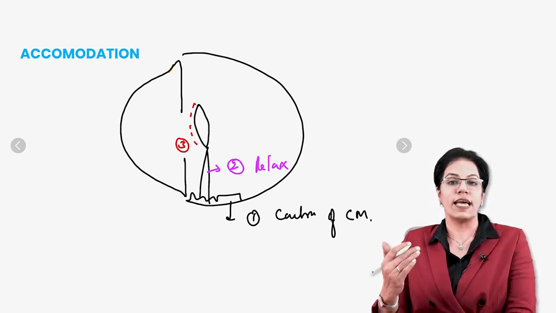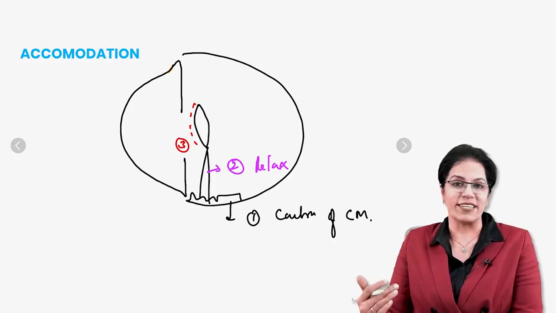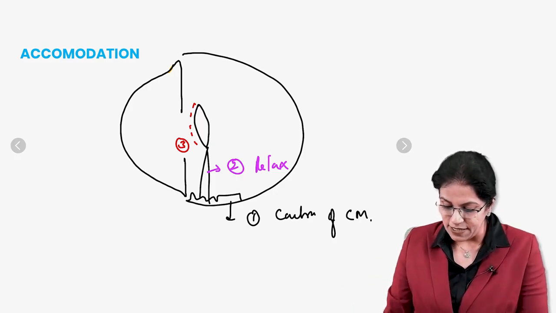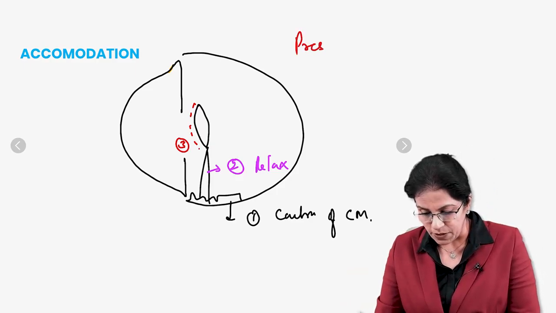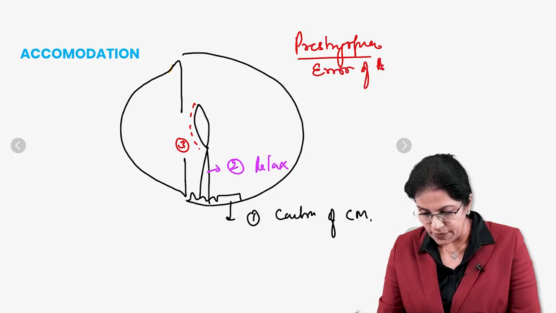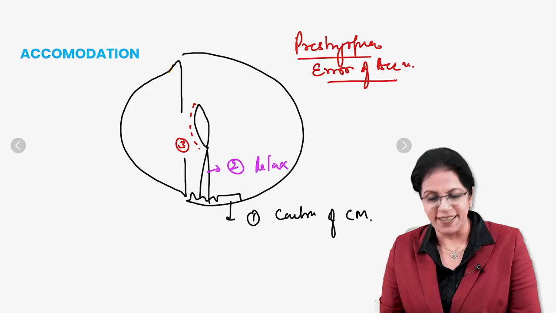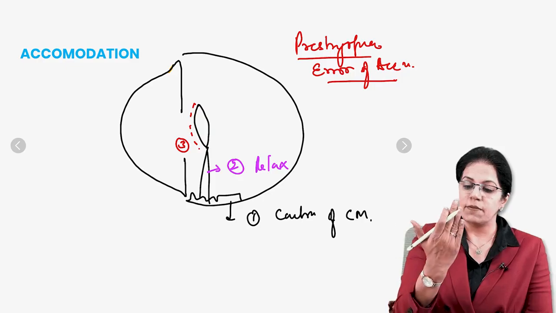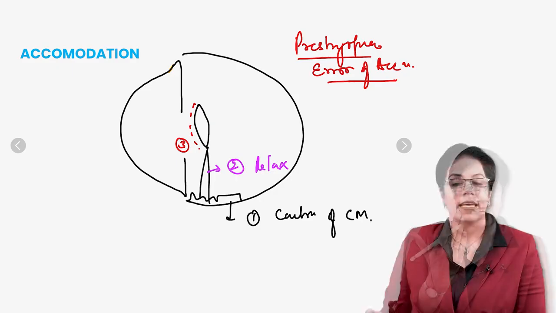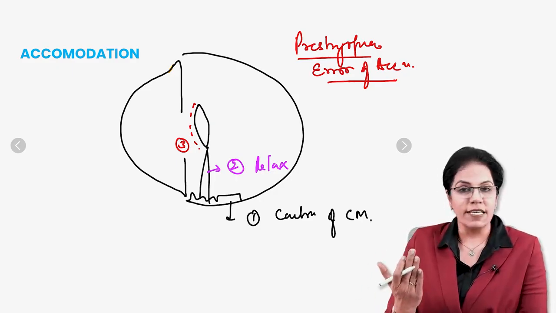So this is error of accommodation, not refraction. And this error of accommodation is what is called presbyopia. When you say presbyopia, it means the power is not being able to increase for the near.